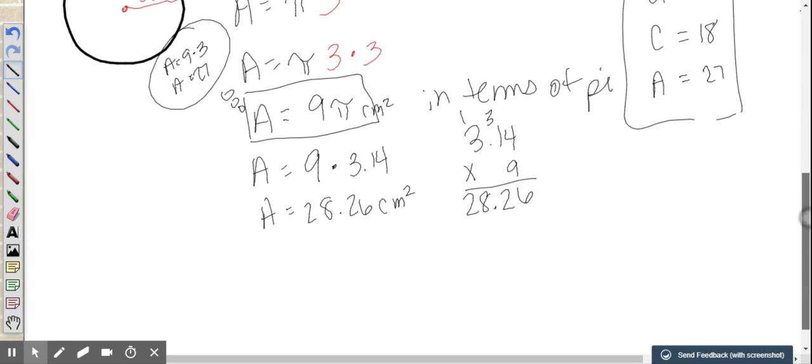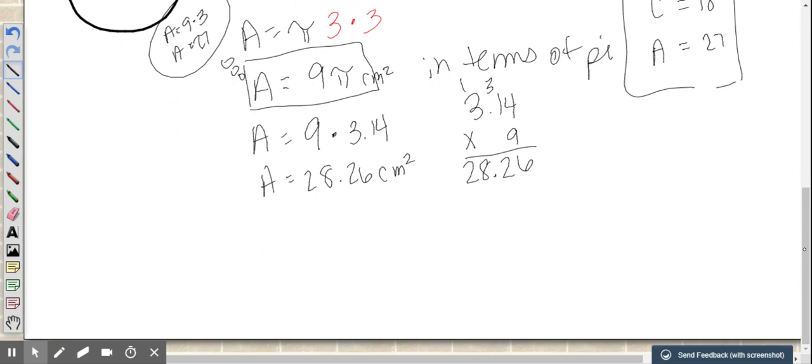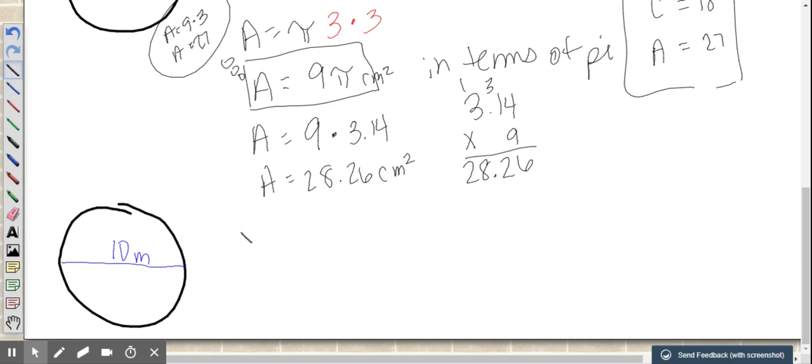All right, we're going to do one more. I don't want to stretch y'all out too much. We're going to do one more type. And that is when they give you the diameter. So draw another circle. And this time we're going to know that the diameter is 10 meters. So then write down your area formula. Area equals pi. Notice we need radius, right?